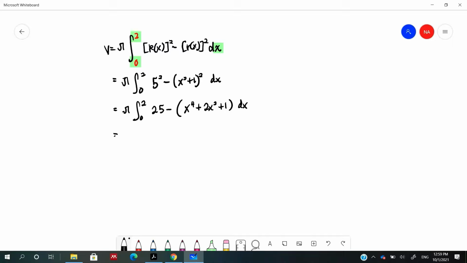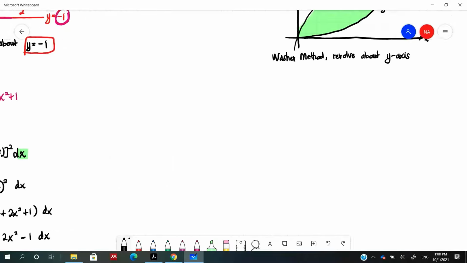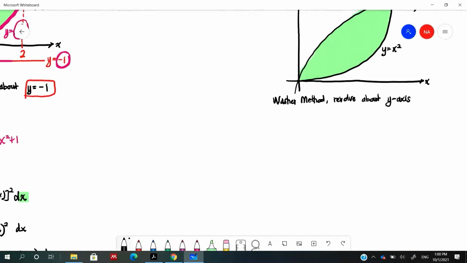Simplifying that, we have 25 minus x to the power of 4 minus 2x squared minus 1 dx. So now you find the volume by integrating this using a definite integral. I'm going to show the full solution for this one.